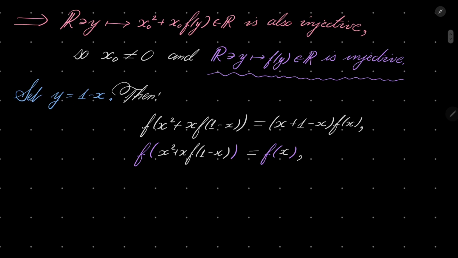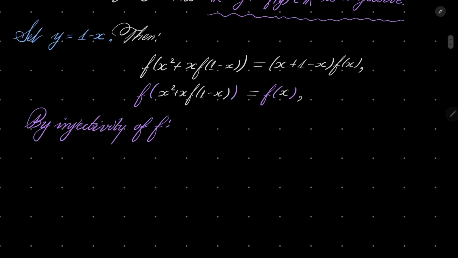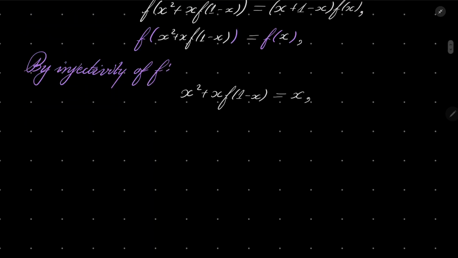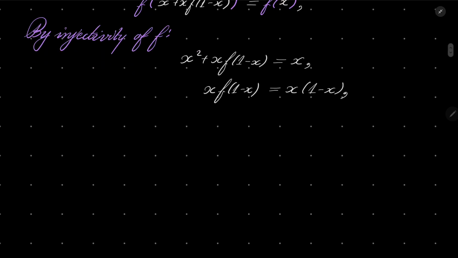Now, by injectivity of f, we can cancel the outer occurrence of function f, and we know that x squared plus x f of 1 minus x is x, which means that x f of 1 minus x is x times 1 minus x, and we can divide by x, of course, if it's not 0.